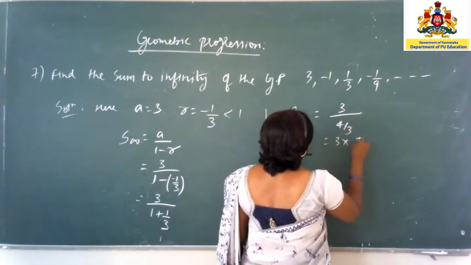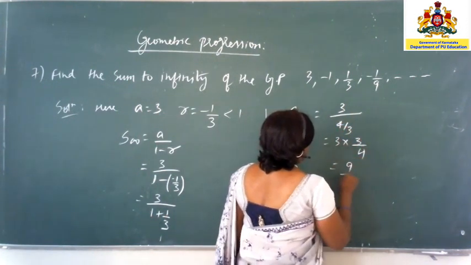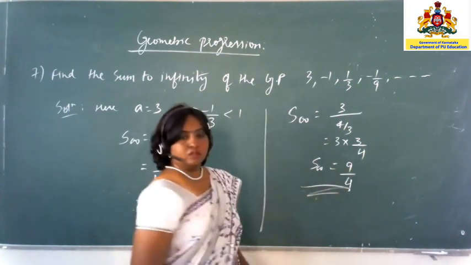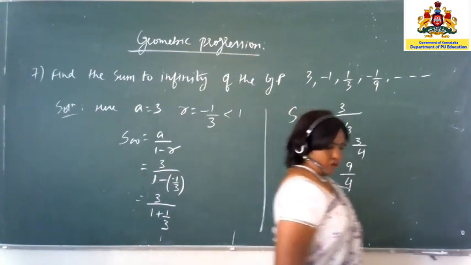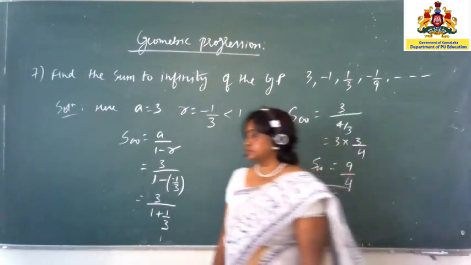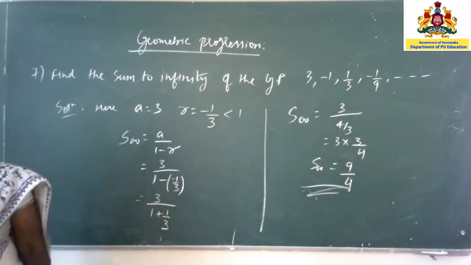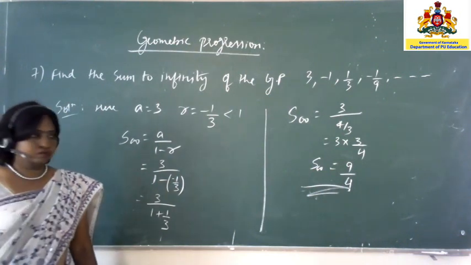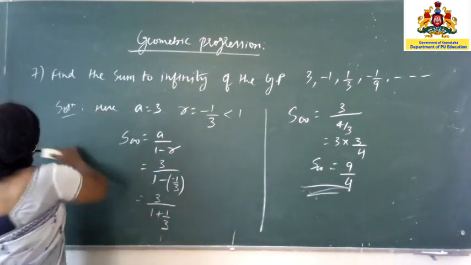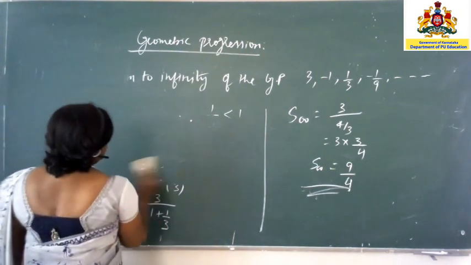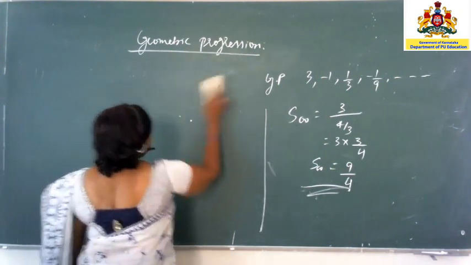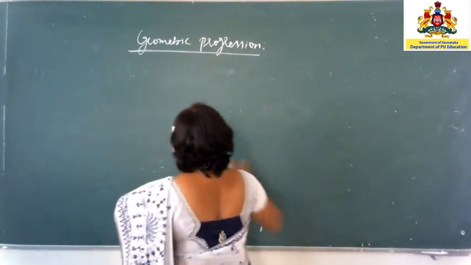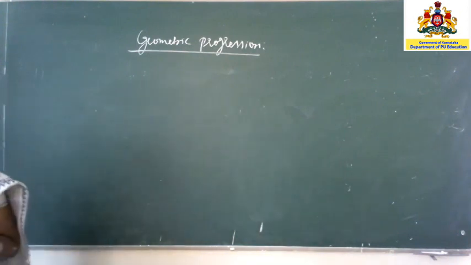So 3 into 3 by 4, that is equal to 9 by 4. Yes, make a note. Yes, the next sum.